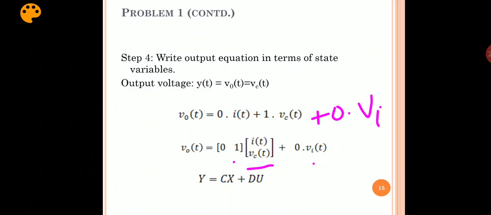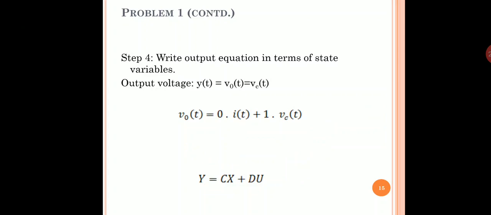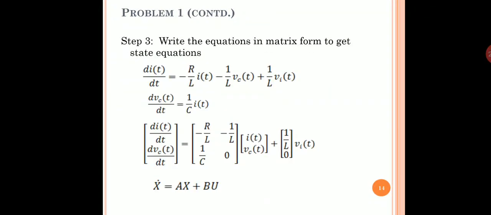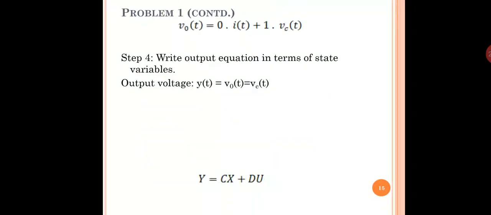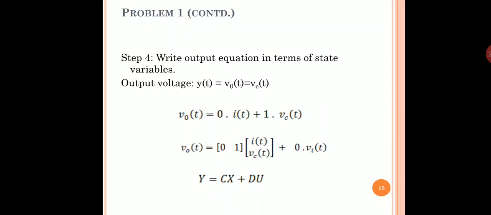So this takes the form of Cx plus Du, where you have this 0 and 1 as matrix C and D is just 0. Now here we got the output equation. Now your state equation is this and the output equation is this. They both together will form a state model.